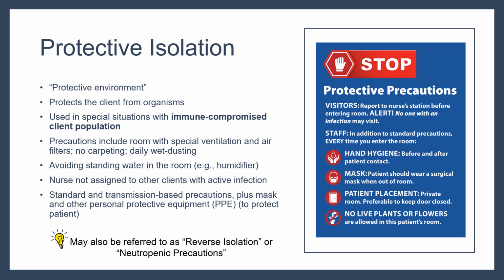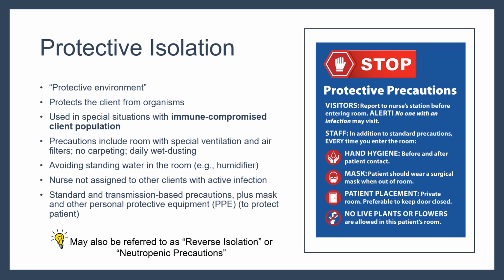You don't want standing water in the room that can harbor bacteria. And the nurse should not be assigned to another patient that has an active infection, because despite her best efforts, she may bring that in, or he or she may bring that in, even by washing their hands and not sharing equipment. And if a patient's on protective isolation, then they're very, very at risk for getting an infection. So we're going to use standard precautions plus a mask and PPE to protect the patient.